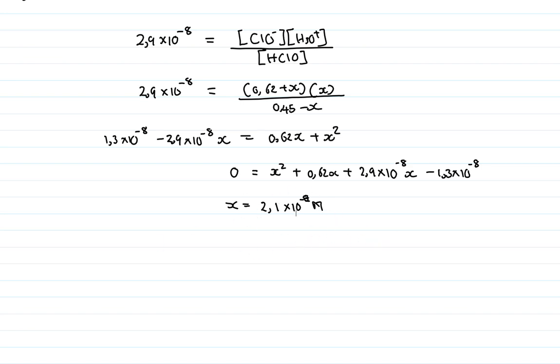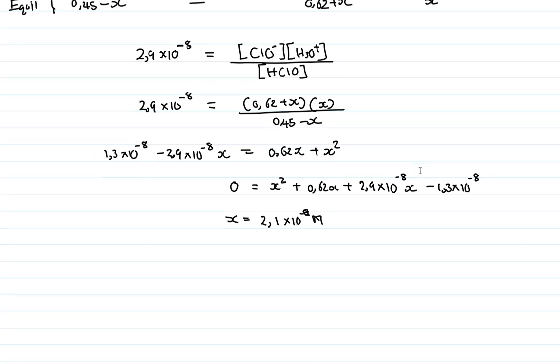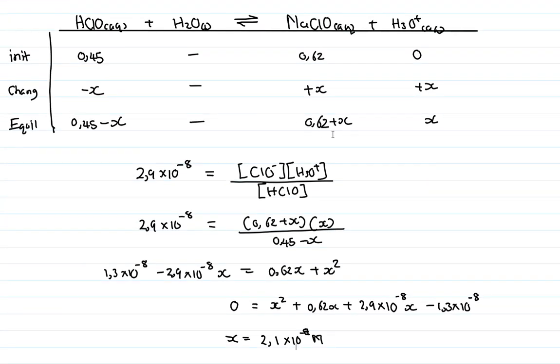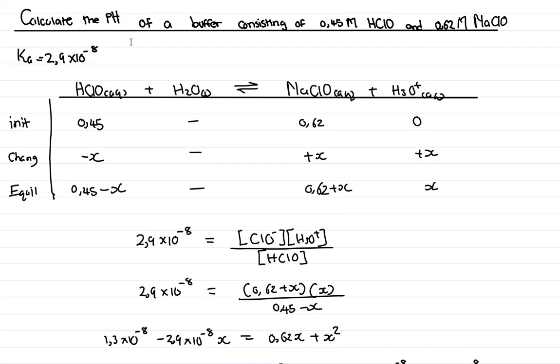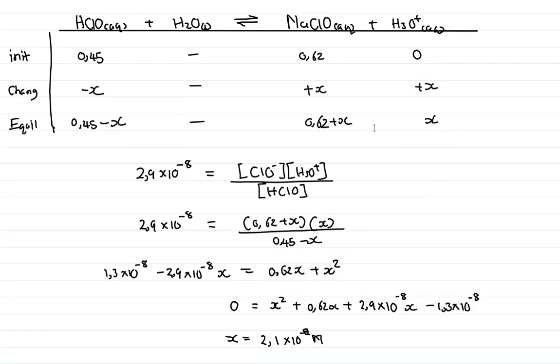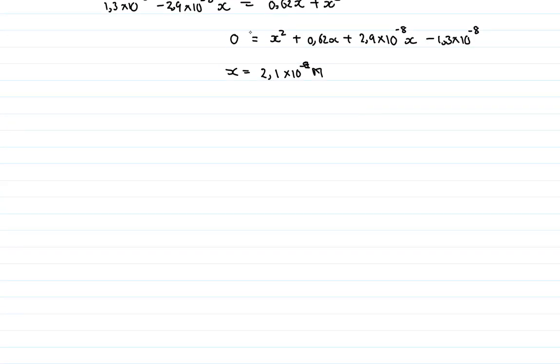So what we have to do now is to substitute that into these equations right here, the equilibrium concentrations. And remember, x that we found is this guy, the x for hydronium ion. And remember, what we do, we need to calculate the pH of a buffer solution. So we're going to use this x to find the pH.